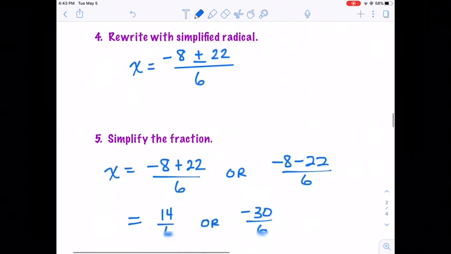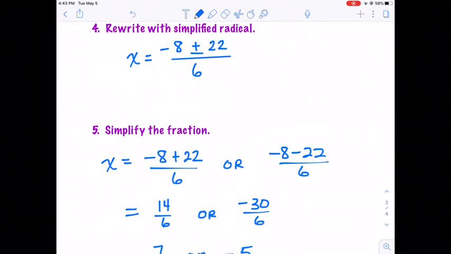So I'm going to rewrite both of those as two different expressions, two different fractions. In the first fraction, I'm going to use the plus, and in the second fraction, I'm going to use the minus. Negative 8 plus 22 is 14, right here, divided by 6.